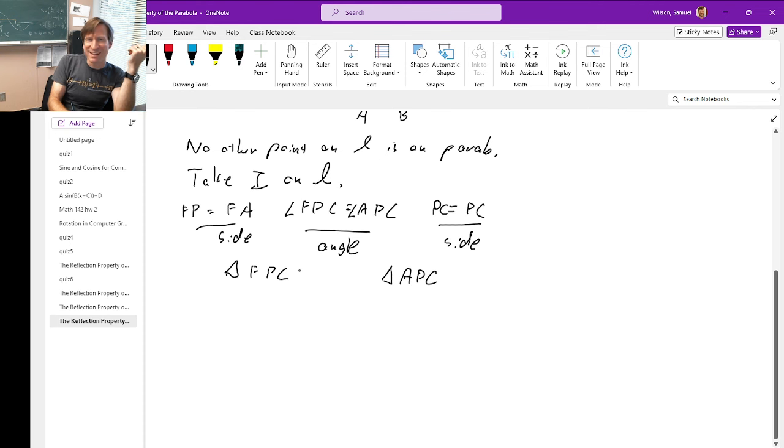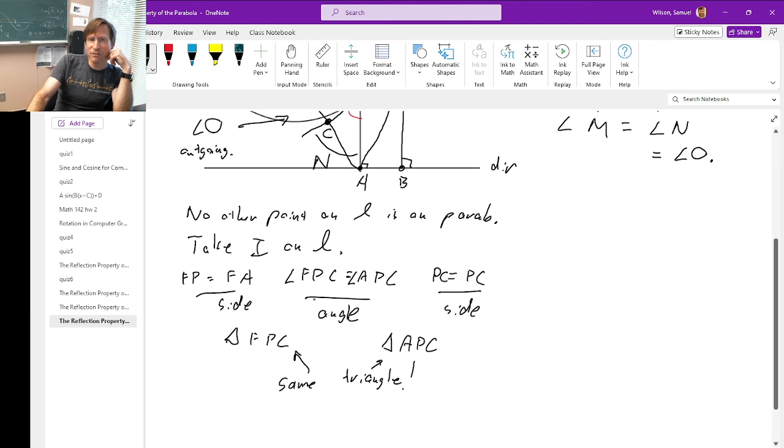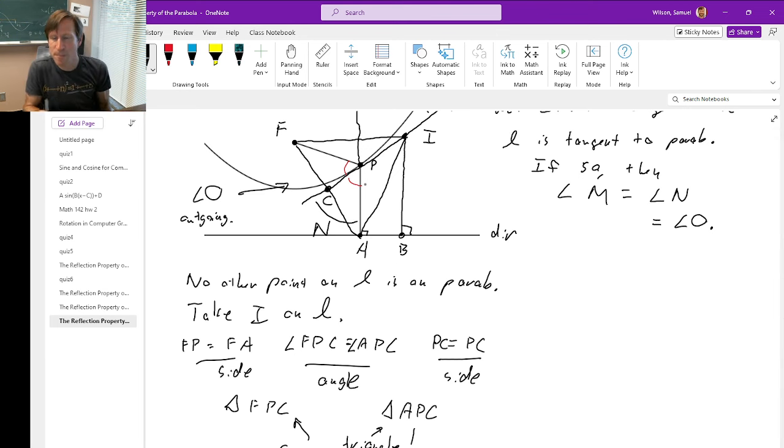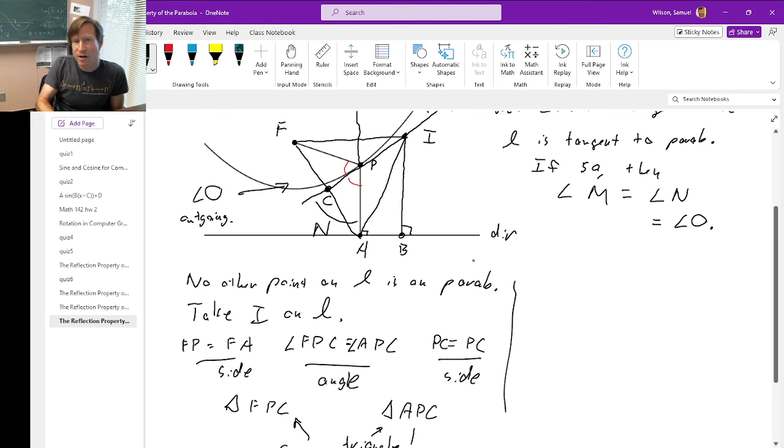But we know that in this situation, if you have two triangles with two sides that are the same and the angle between them the same, that means that these are the same triangle. So these two triangles are actually the same triangle. If you look at the diagram, that's kind of plausible. It looks like they're mirror images of each other, and we've just proved that, in fact, they are actually mirror images of each other.